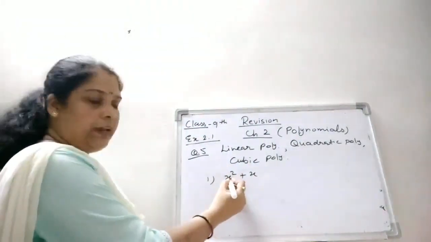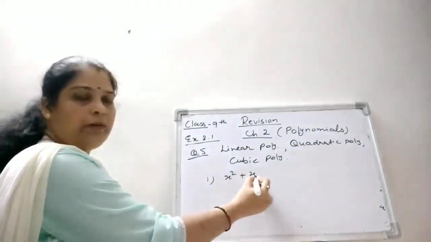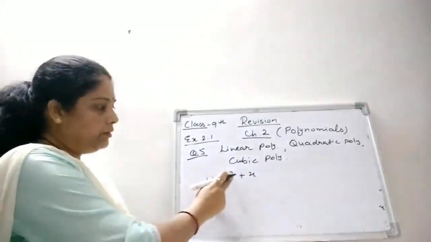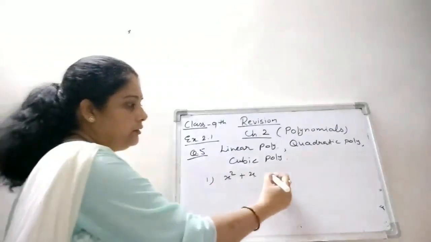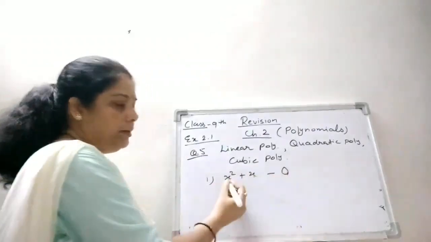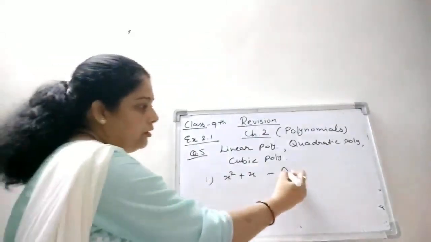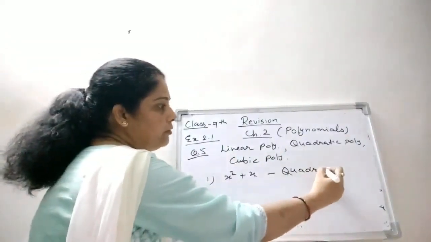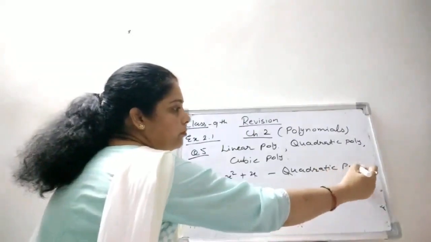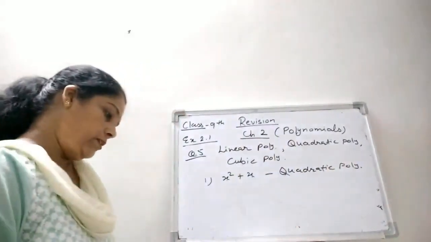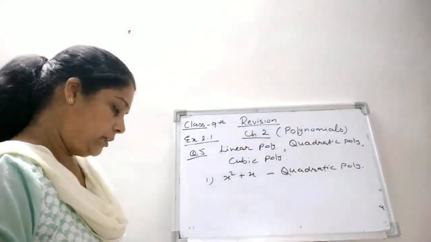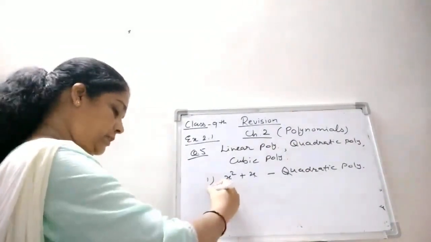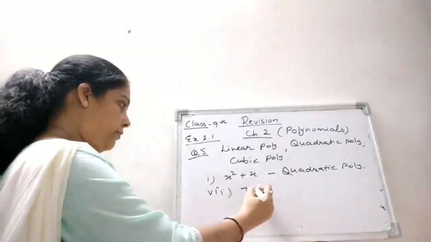Now here variable x power 2, variable x power 1. So which is the highest power? 2, means degree is 2, so it is quadratic polynomial. And one more example I am taking, that is 7th part, 7x cubed.